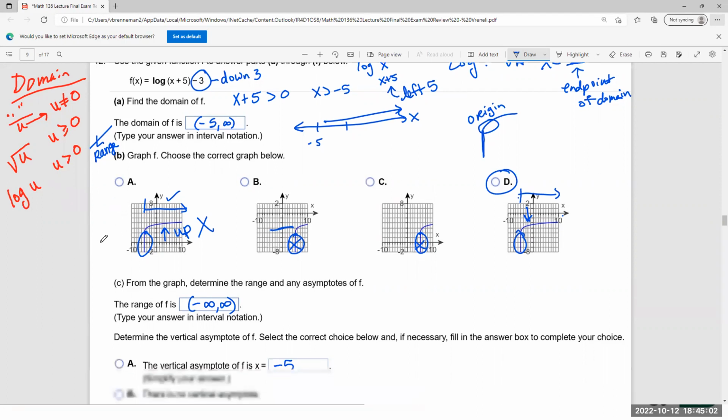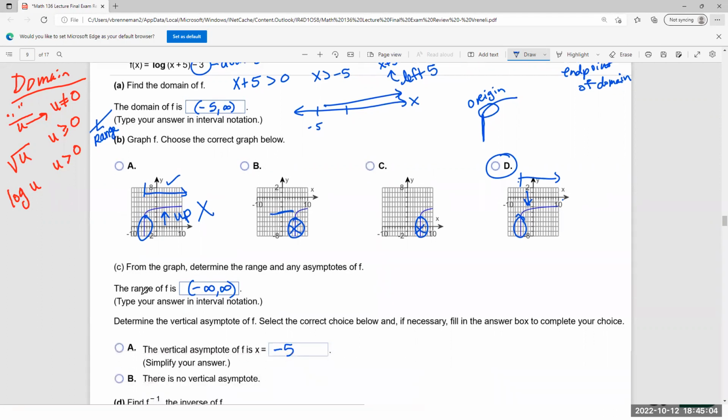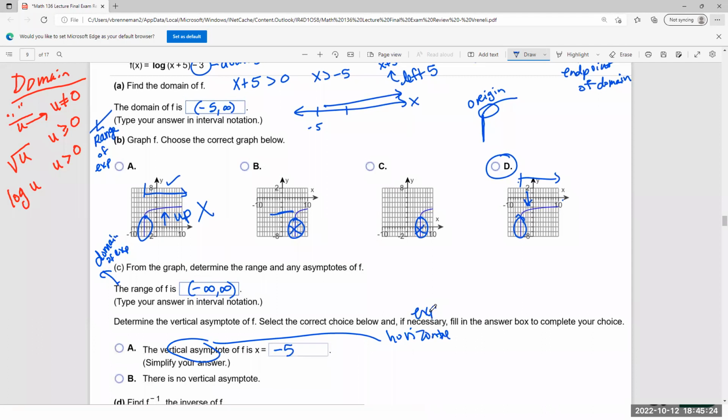And we'll look a little bit more at the graph, but the range then of the log is going to become the domain of the exponent. And then the vertical asymptote of the log, vertical is going to switch to horizontal for the exponent. And the x is going to change to y.